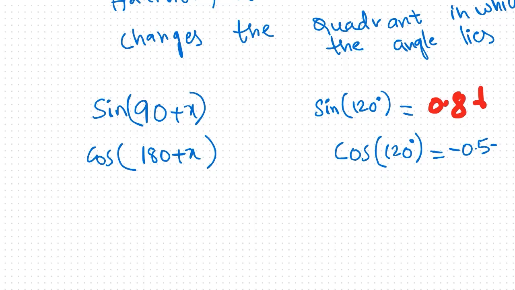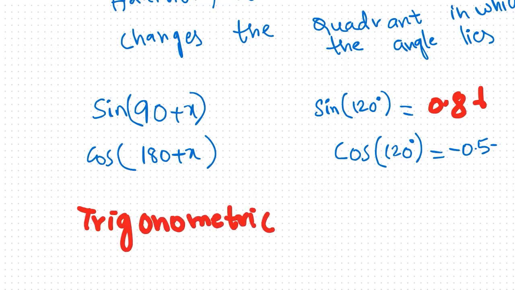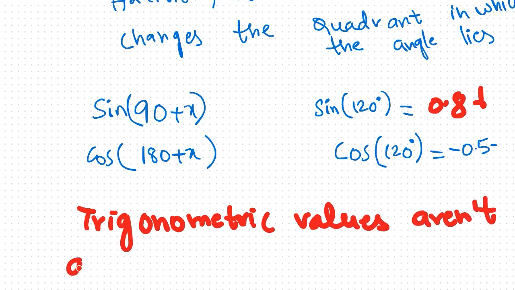obviously the trigonometric ratio can be either positive or negative. So trigonometric values are not always positive.